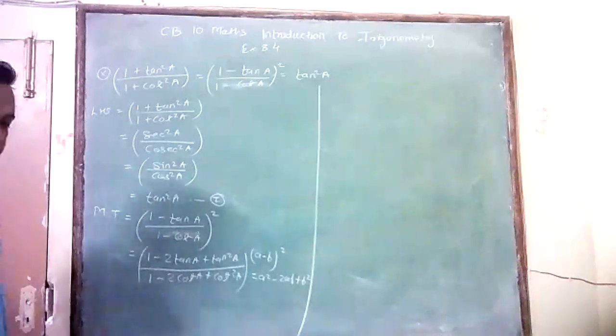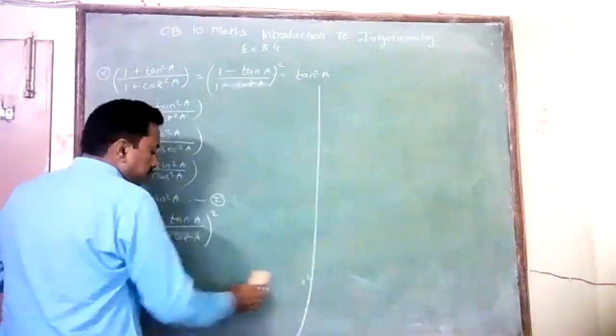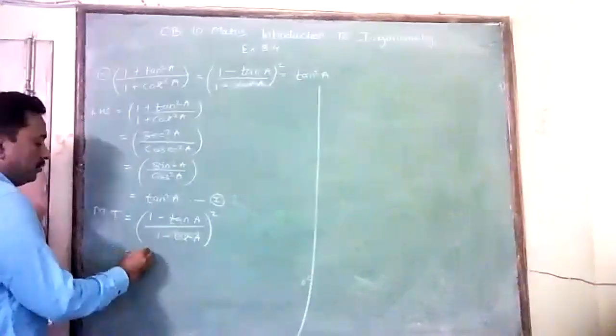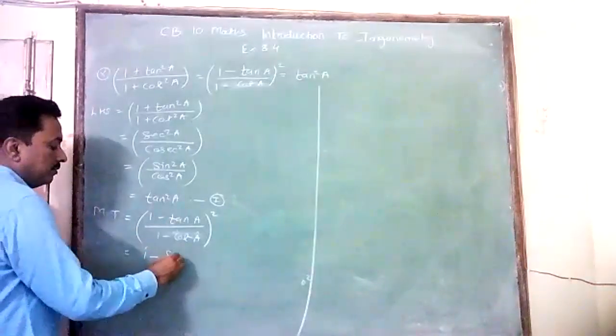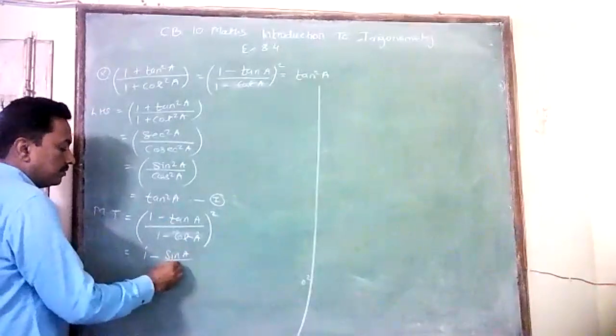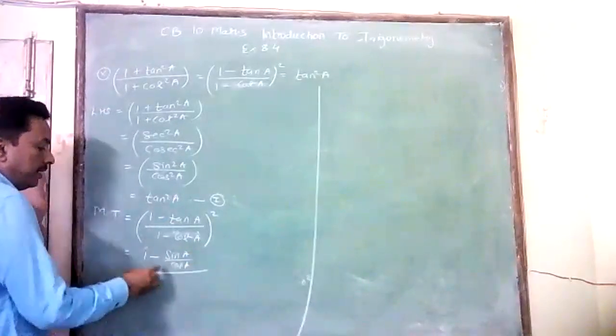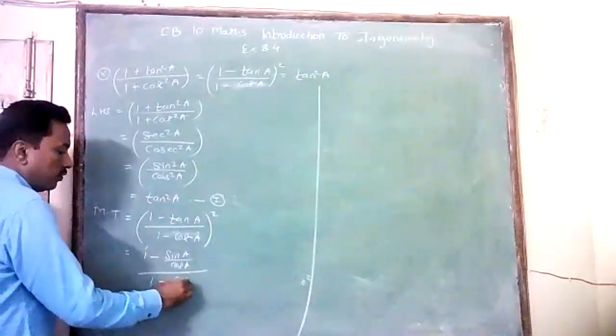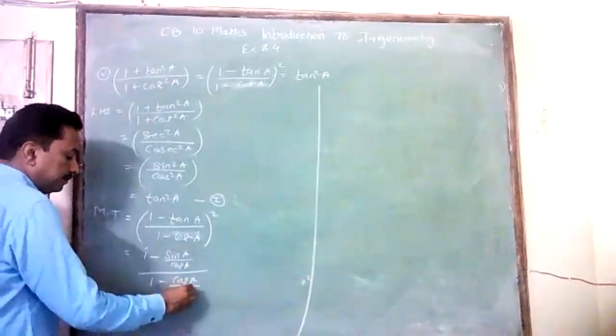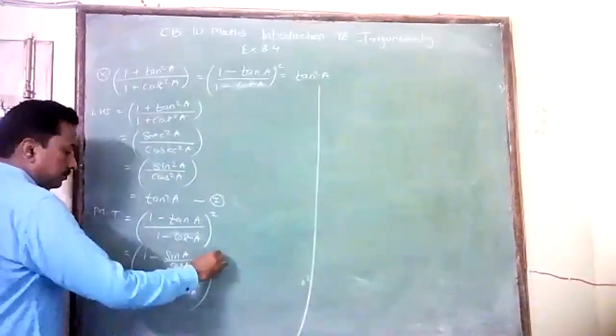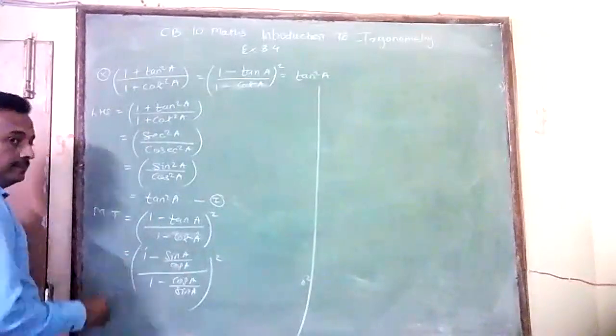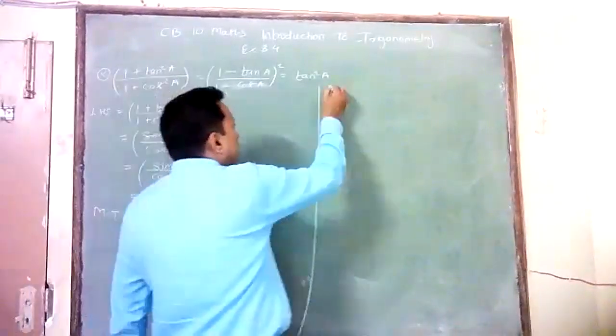इतना नहीं करते हैं, सिर्फ थोड़ा सिंपल कर लेते हैं. 1 minus tan की वैल्यू है sin upon cos and this 1 minus cot is equal to cos a upon sin. Now first LCM.